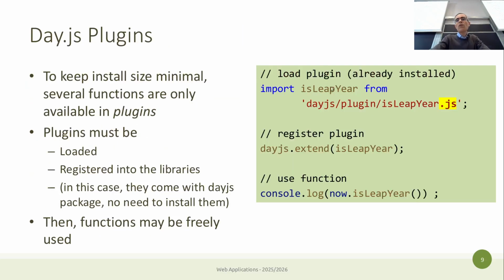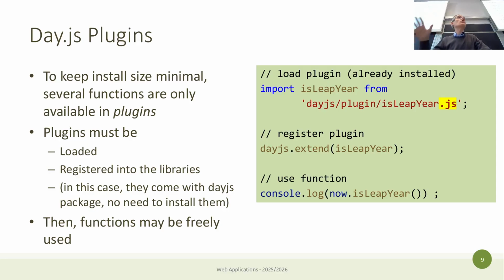Maybe we can have a look at this last thing. I told you dayjs is very small, sometimes you need some additional functionality. And this additional functionality is brought in by plugins. Plugins are basically files that are installed together with the package, but they are not imported by default.